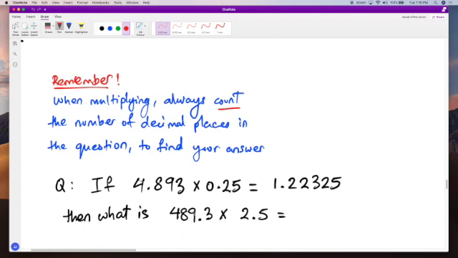No calculators, by the way. So all you do is write down the same number, 122325, and then you just count the decimal spaces. 1, 2. So it's 1,223.25.